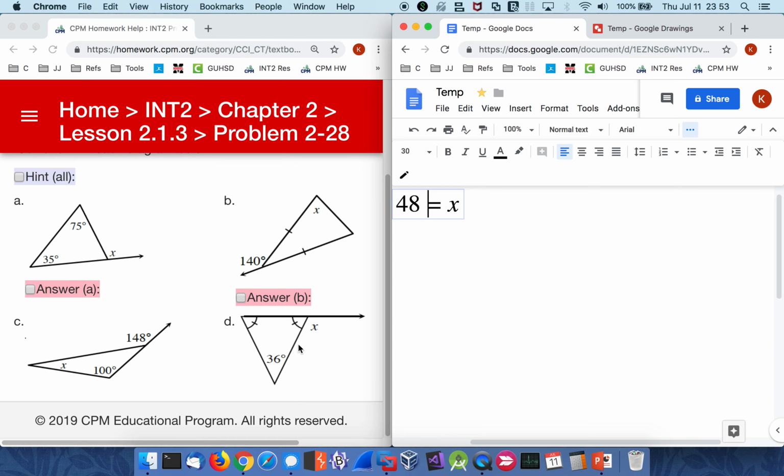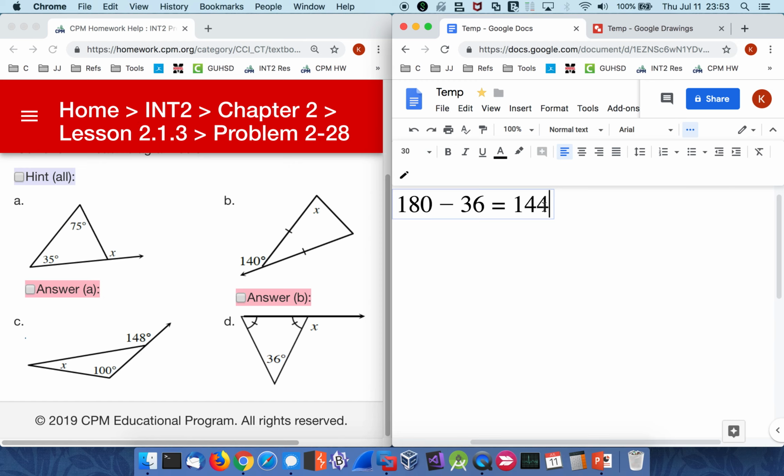And then the last one. Here we go. And then we're done. Done for the night. So we've got, again, x right here. Exterior angle theorem must equal 36 plus... Oh, man. They're messing with us. They told us these two angles are equal, but they didn't tell us what they were. But thankfully, we know that 180 minus 36 equals 144.